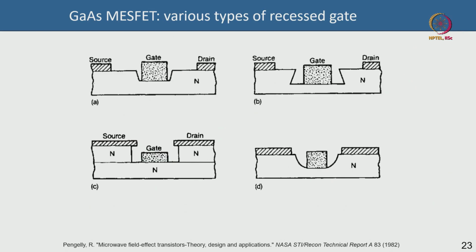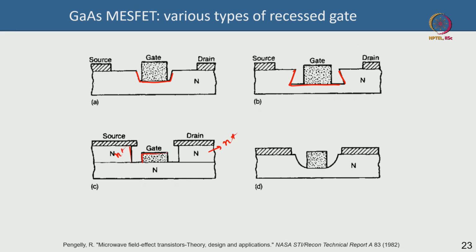There are of course different types of recess. Now these are 4 different kinds of recess architectures, gate recess. In one case you just etch the layer and then you put the gate there with some kind of a tapered profile. In another case you have a negative slope, an inverted taper, and you put the gate. So every structure will have its own advantage and disadvantage, and again this is an N plus region, for instance. Maybe you have better contact resistance.